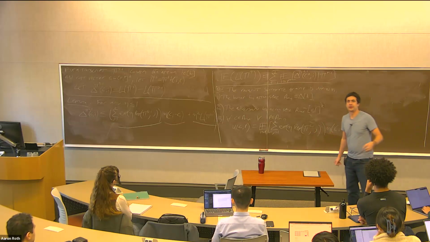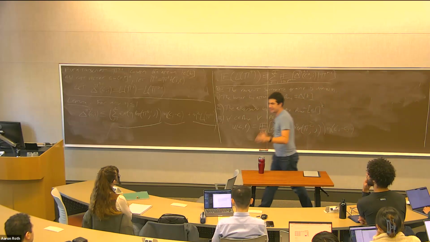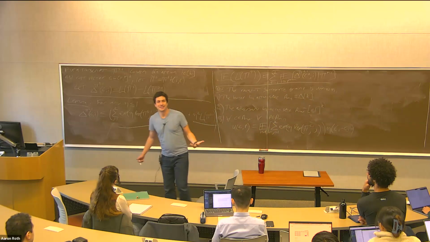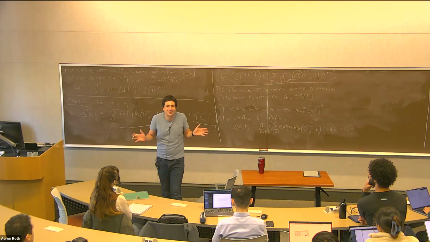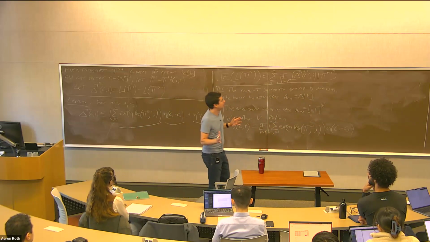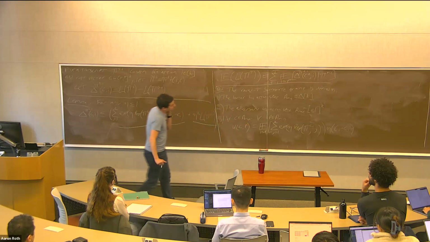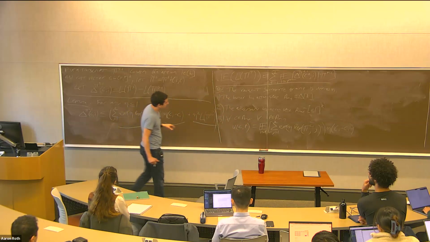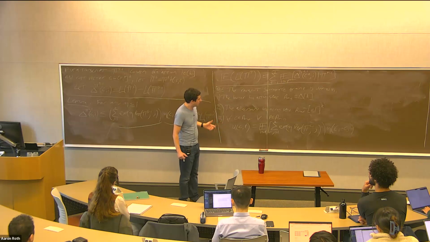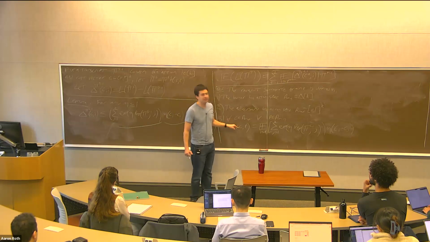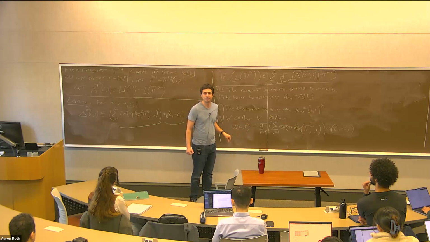But that's hard to think about. So let's think about the max-min value of the game instead, which the minimax theorem tells us is the same thing. Well, what's the max-min value? In the max-min order of play, first the adversary tells us the cost vector C, and then we best respond.